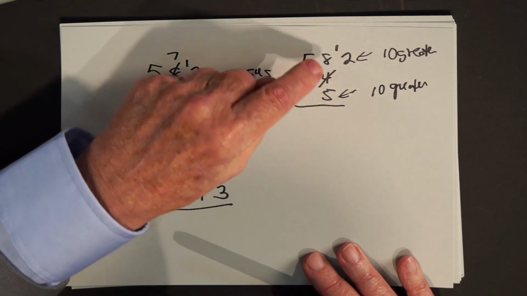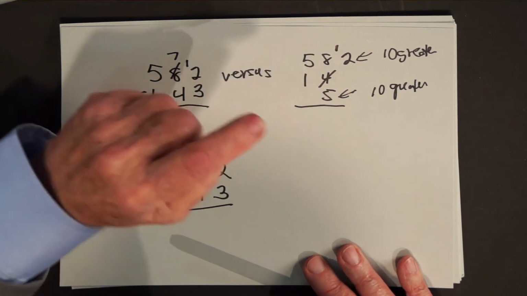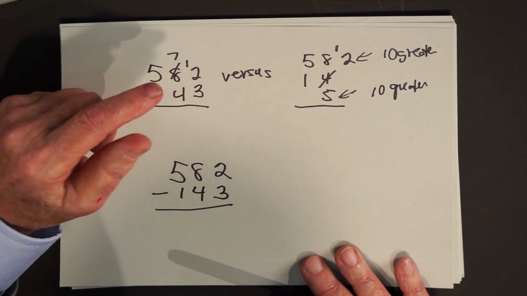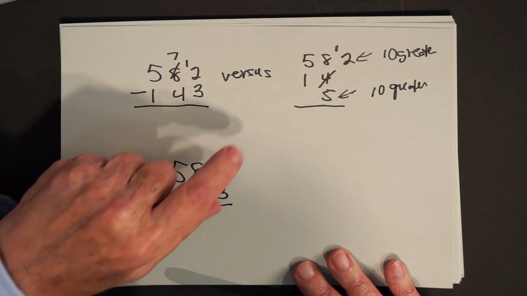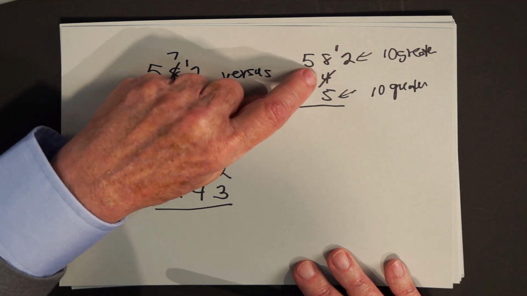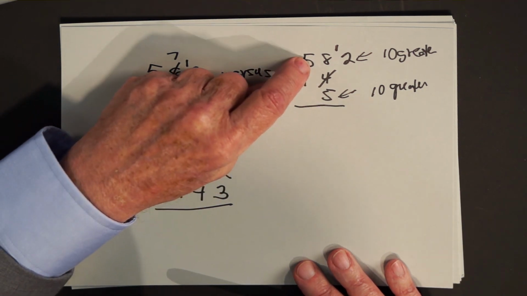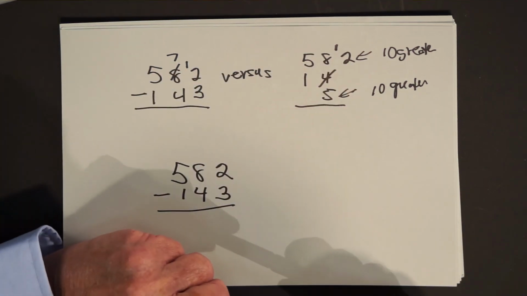If we increase both numbers by the same amount, the gap doesn't change. So in other words, subtracting 143 from 582 is the same as subtracting 153 from 500, 8 tens, and 12 ones. But again, the beauty of the system is that if you understand what's happening, then you're not perplexed if somebody else does it a different way.